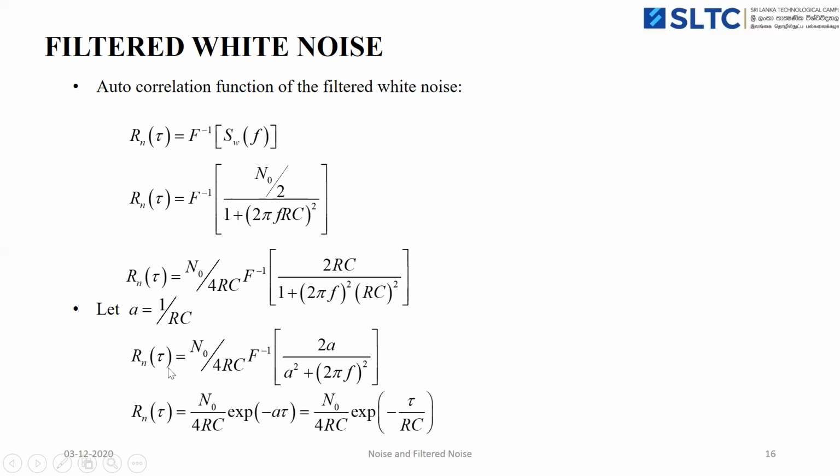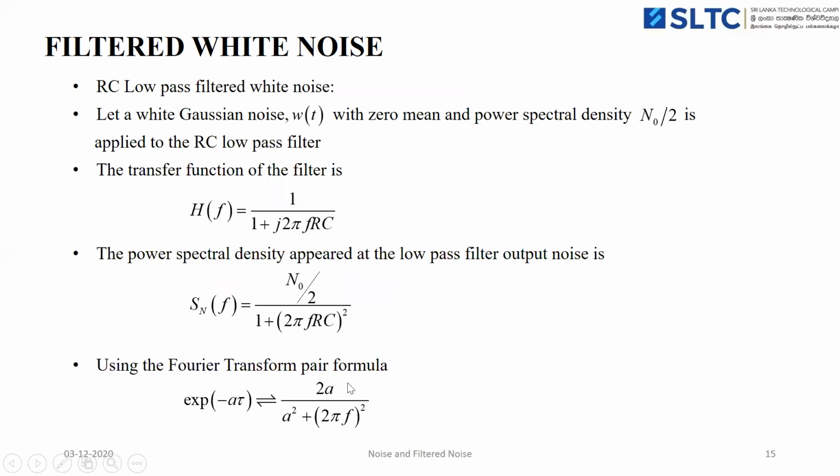Then the autocorrelation function of the RC low pass filtered white noise equals N0 by 4RC times the inverse Fourier transform of 2A by A squared plus (2 pi f) whole squared, after substituting A equal to 1 by RC. Now we can apply the Fourier transform pair formula.